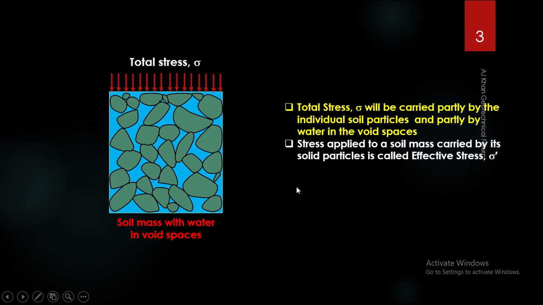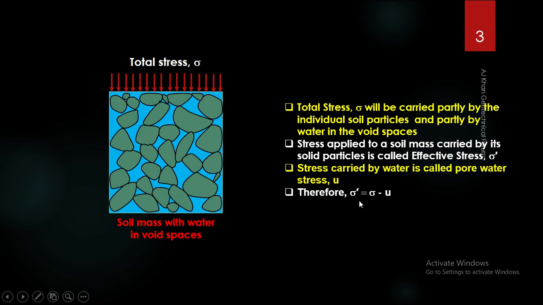So the part of the stress that is carried by the solid particles, by our previous definition, is the effective stress, that is sigma prime, and the part of the stress that is carried by the water in the void spaces is called the pore water pressure, or the pore water stress, and is denoted by U. So we can write an expression that effective stress is equal to total stress minus the pore pressure. Sigma prime is equal to sigma minus U.